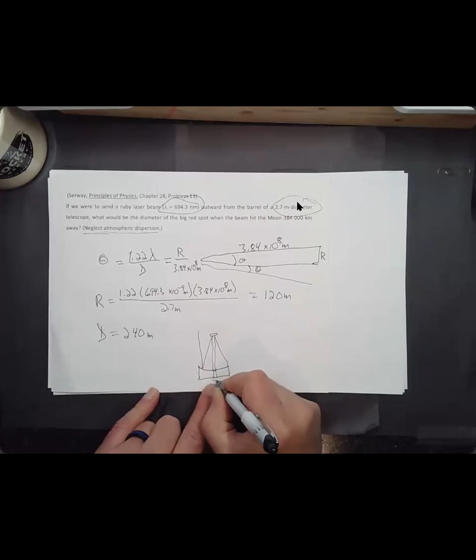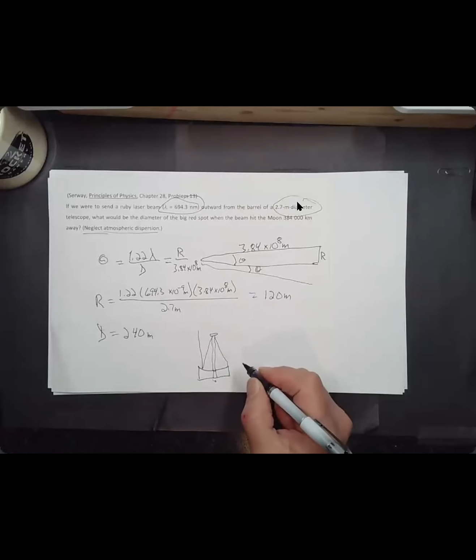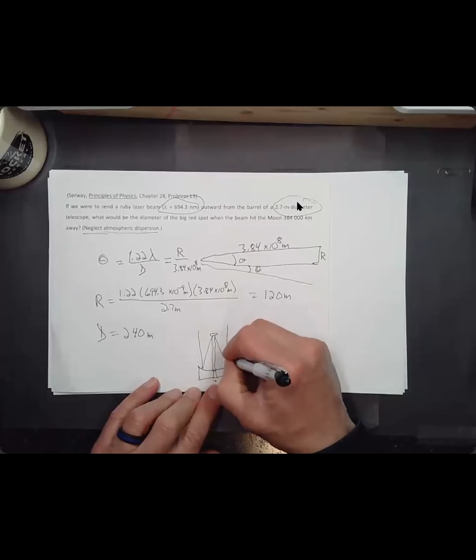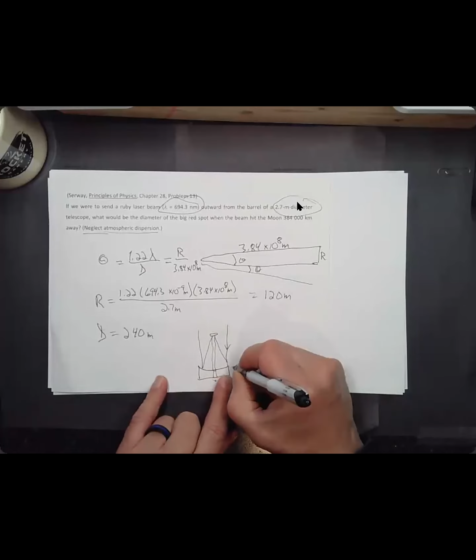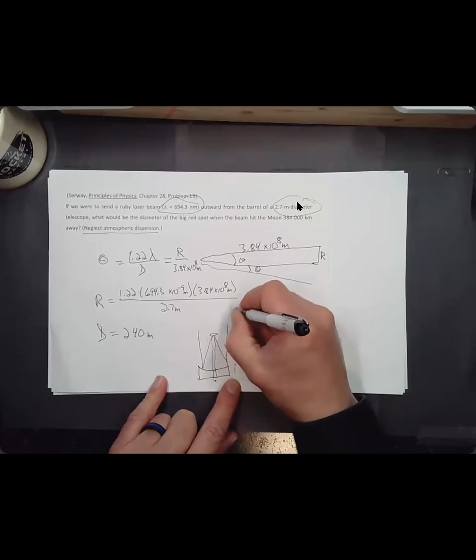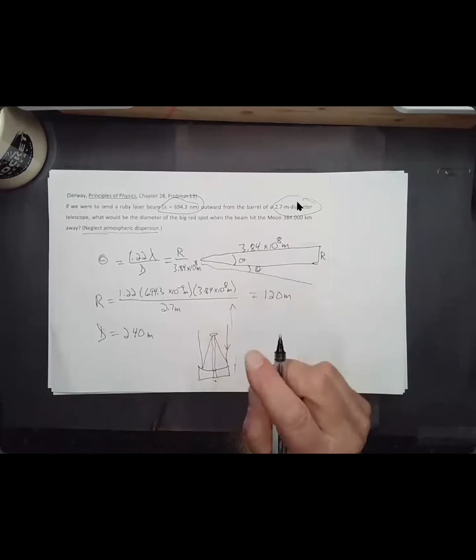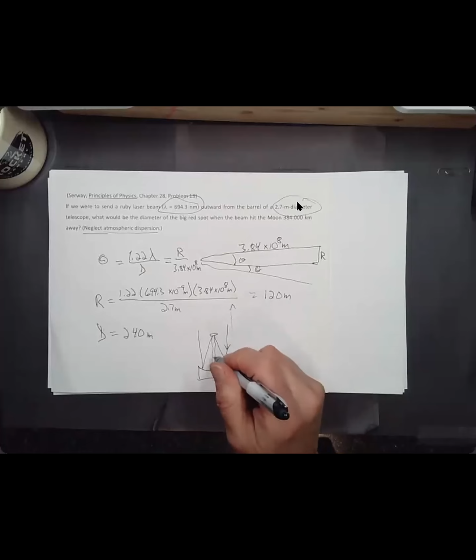And then they've got a detector down here, but they will have off to the side somewhere a laser beam that is aimed straight up into the atmosphere in the same direction that the telescope is aimed.